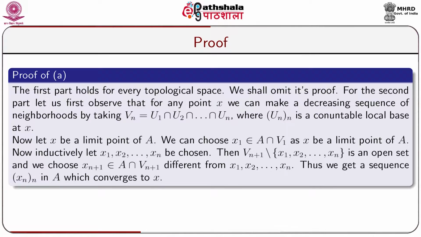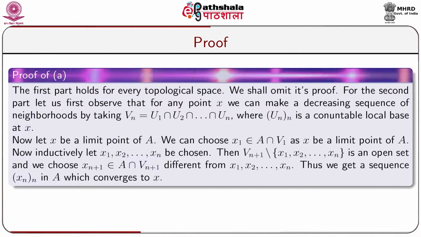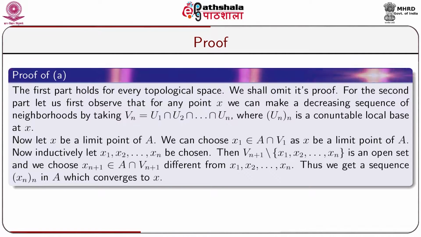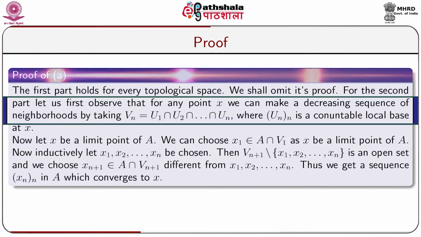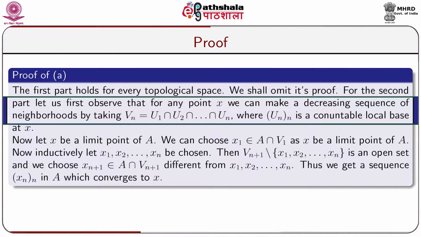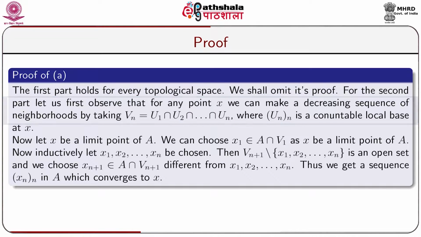Let us come to the proof. The first part holds for every topological space. We shall omit its proof. For the second part, let us observe that for any point x, we can make a decreasing sequence of neighborhoods by taking Vn equal to U1 intersection U2 intersection up to Un, where Un is a countable local base at x.